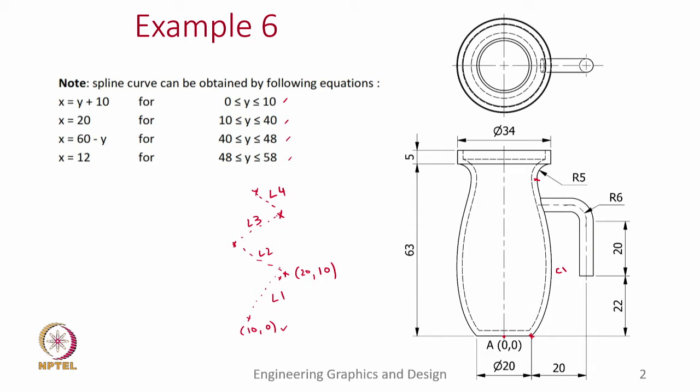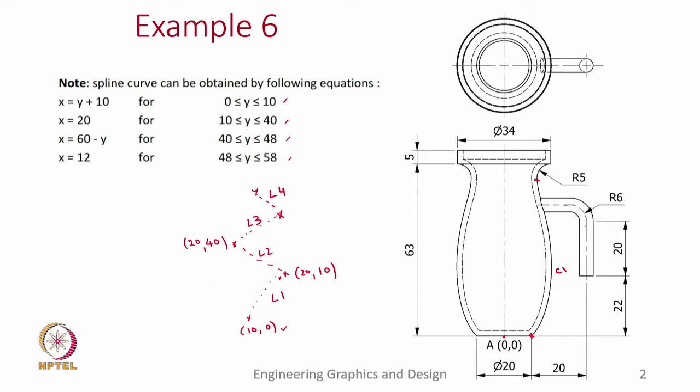Let us say for the end of line L2, let us look at the x and y coordinates. This is the end of line segment L2 where y changes from 10 to 40. The initial point 10 we already know. Let us find out at y equal to 40 what the x component is. The x component is given as 20.